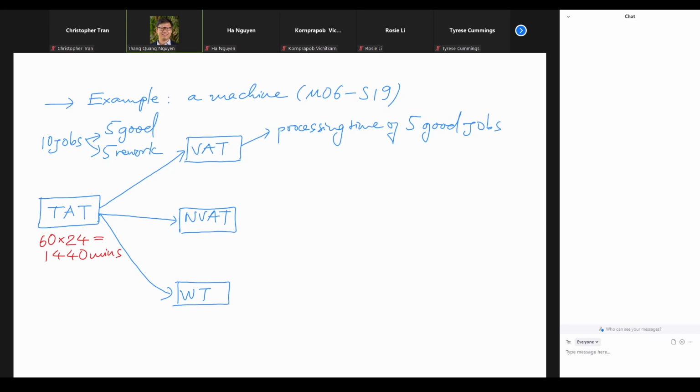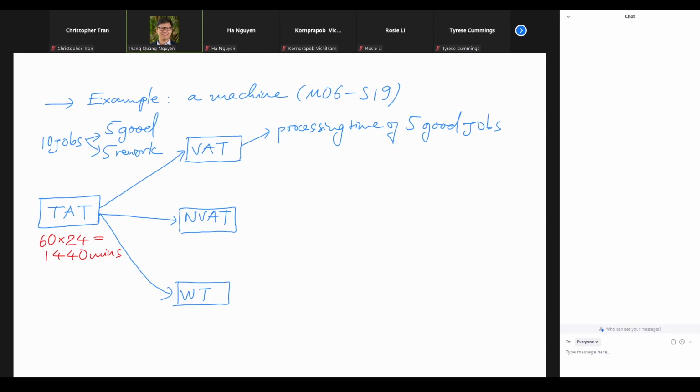It is processing time. Or we put the screw or the bolt to secure the door on the car, right? So that's a processing time. And then it is value added because the customer will value our activity, right? So that's a processing time of five good jobs.